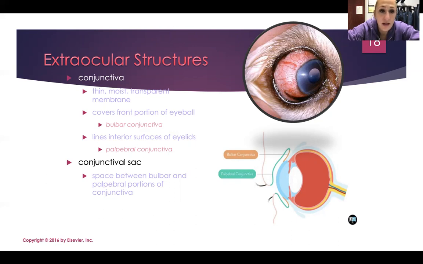The conjunctiva is the thin, moist, transparent mucous membrane that covers the front portion of the eyeball. So remember, bulbar would be pertaining to the eye, so conjunctiva of the eyeball. When it lines the interior surface of the eyelids, since palpebra is eyelid, palpebral conjunctiva.